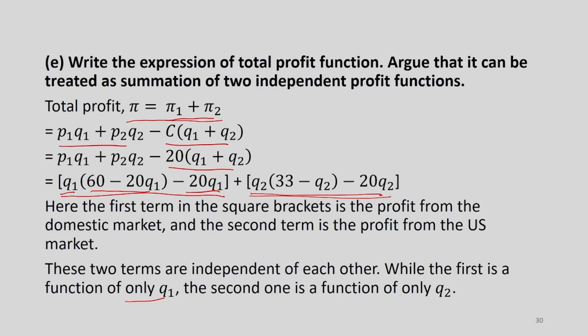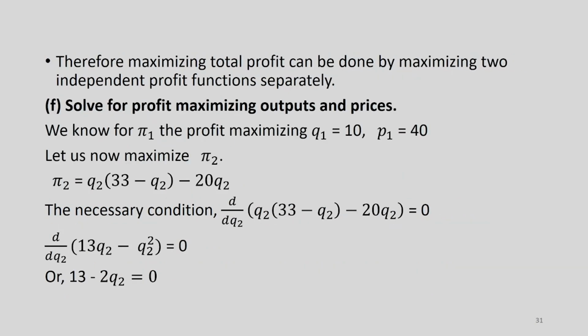There are no composite terms. There is no term involving, let us suppose, Q1 and Q2 together, right? So, therefore, maximizing the total profit can be done by maximizing two independent profit functions separately.